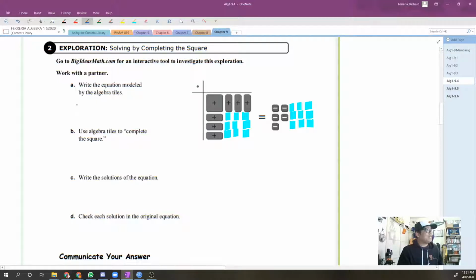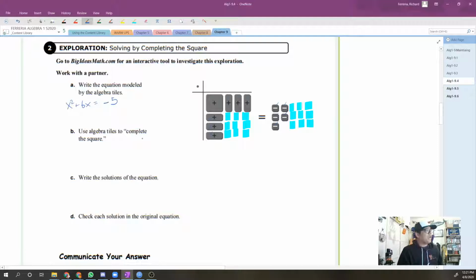Well, as it stands, you've got an x squared plus 6x is equal to -5.